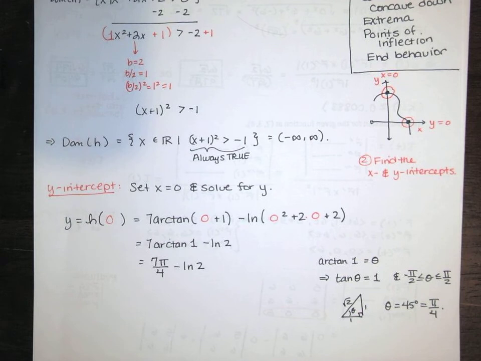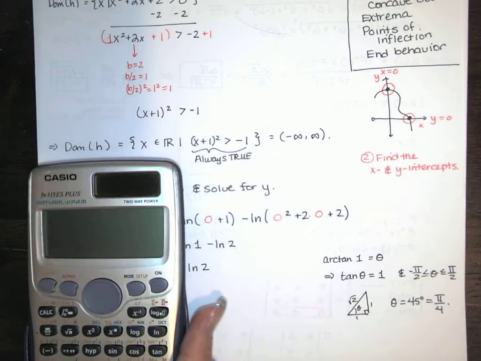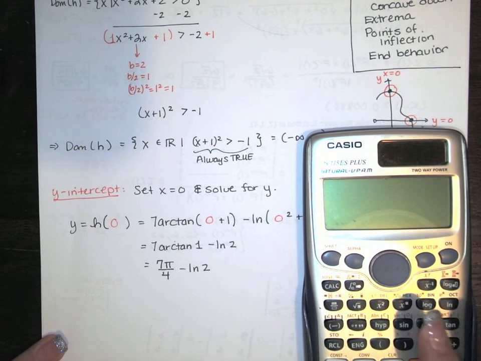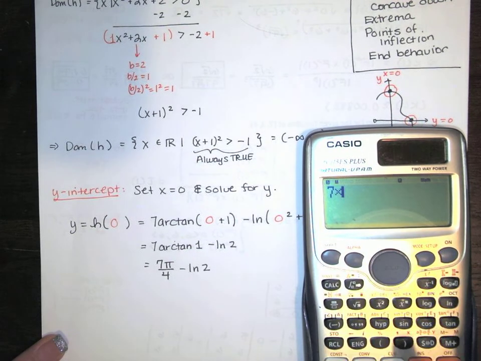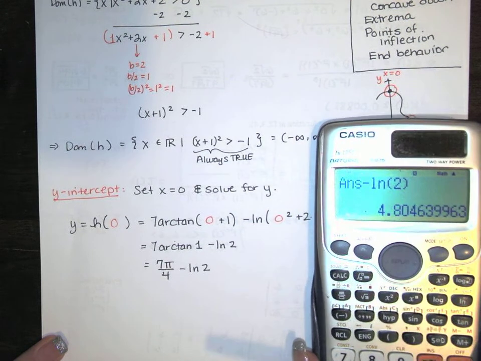So our function crosses the y-axis at x equals 0, y equals this, and let's approximate that numerically. We get about 4.8.